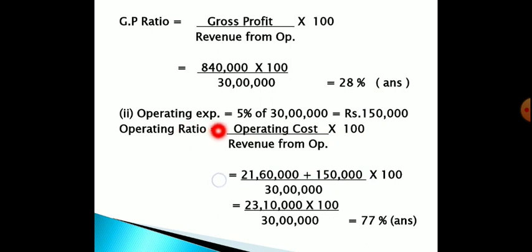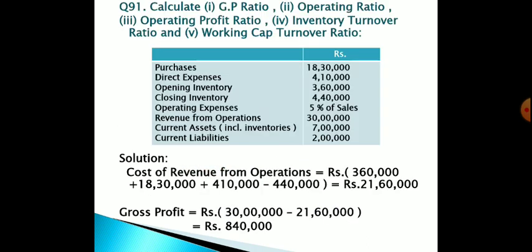Next we have to find the operating ratio. So the operating ratio formula is operating cost divided by revenue from operations into 100. For finding the operating cost, the formula is COGS plus operating expenses. So let us see what the operating expense is. In the question it is written that the operating expenses is 5% of sales.